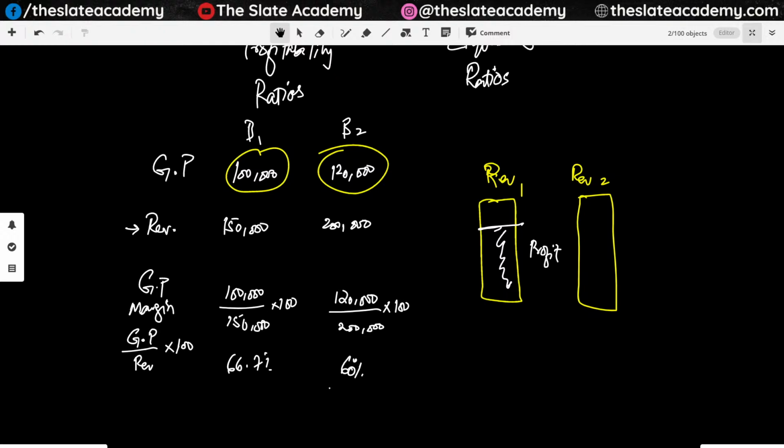So the first ratio that we discussed was gross profit margin. The next one that we'll look at is called operating profit margin. For the purpose of finance and ratio analysis, remember whenever the term margin is used, it means that particular value is divided by sales or revenue.